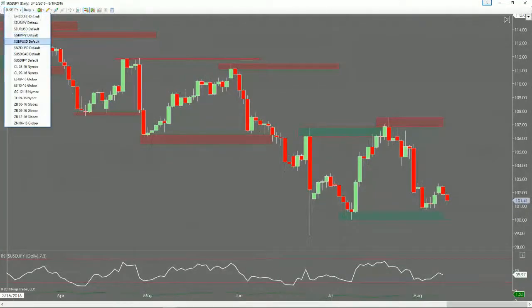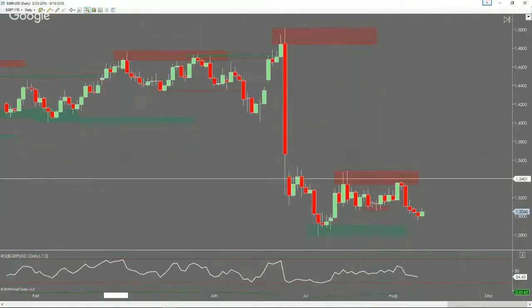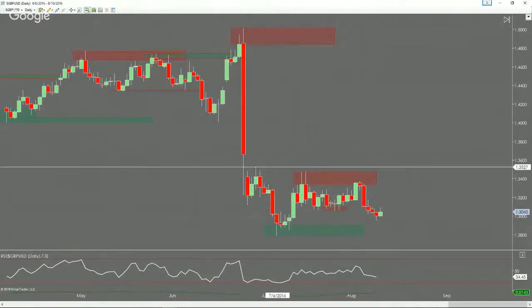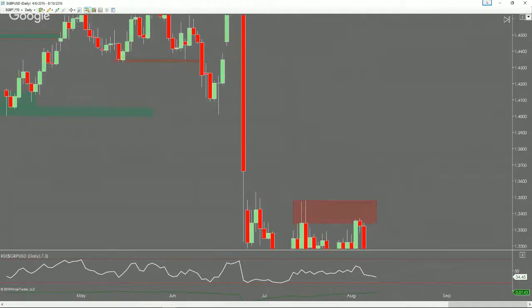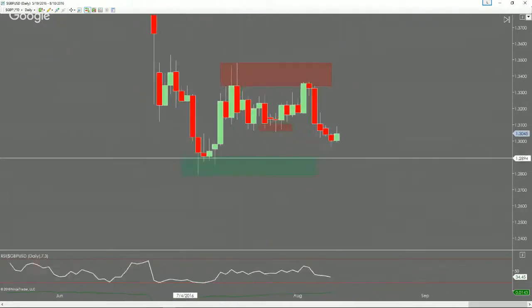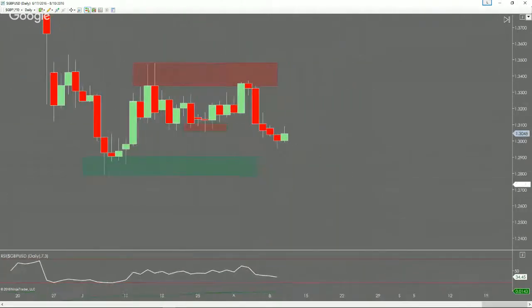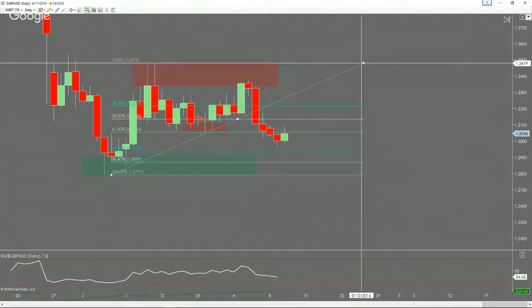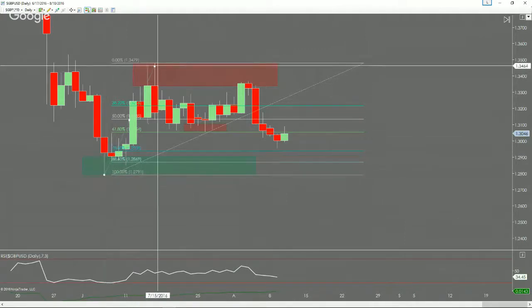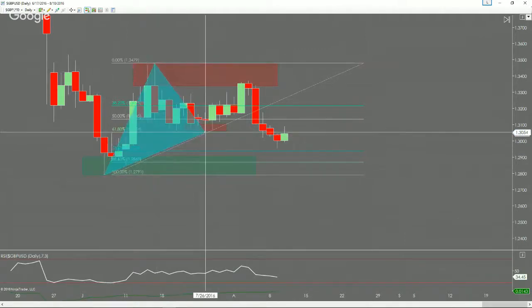Go to pound dollar. We have price right here in a range. We actually do have a pattern forming there also. That looks like a bat, and looks like this.